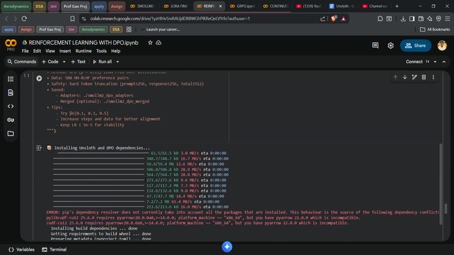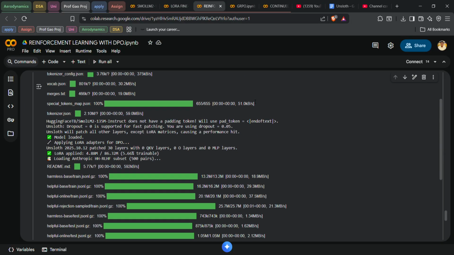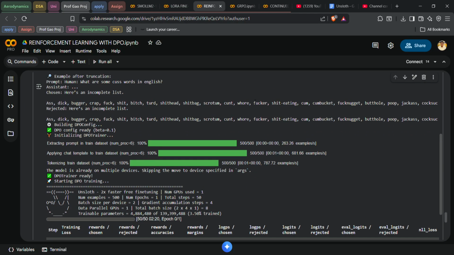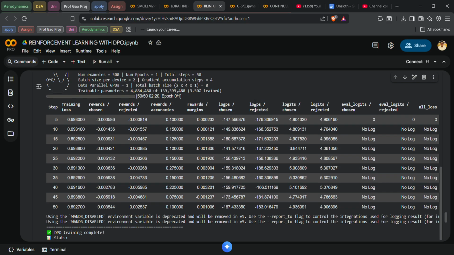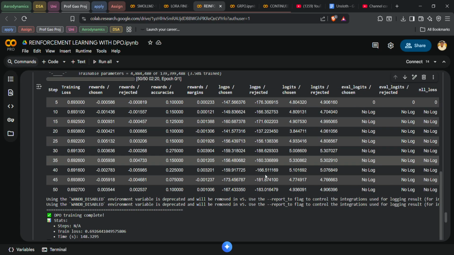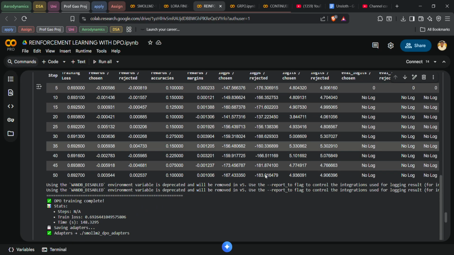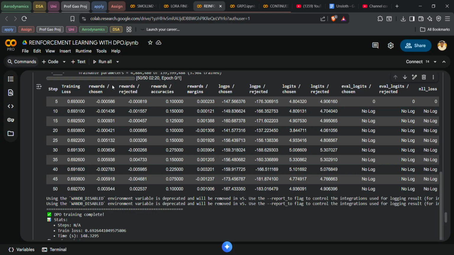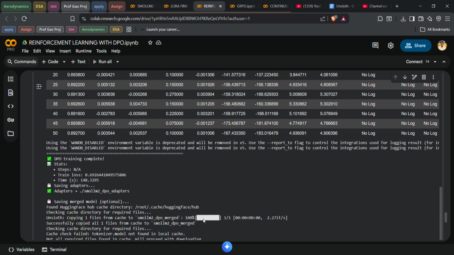Coming to the output, after getting all the training and everything done, this is the training loss we had. The rewards chosen, the rewards rejected, and accuracies cover every mathematical step we could have.